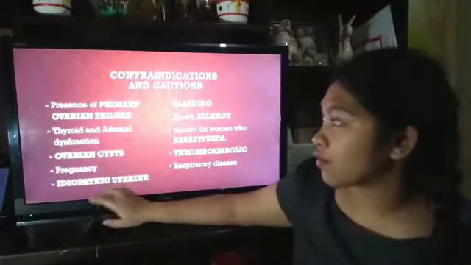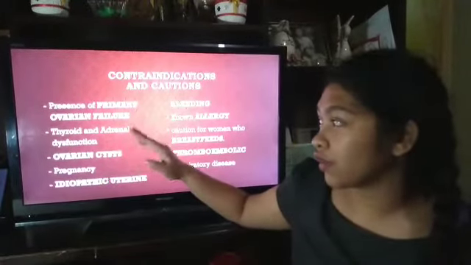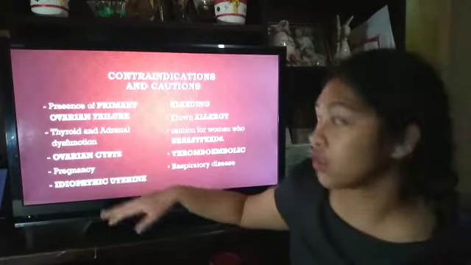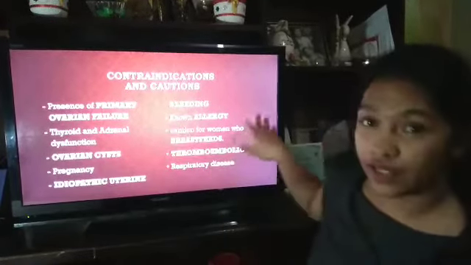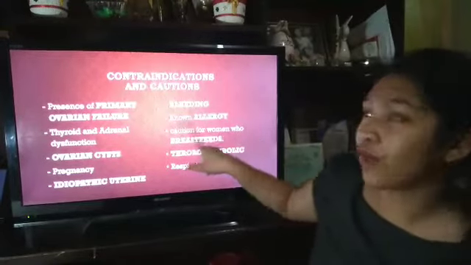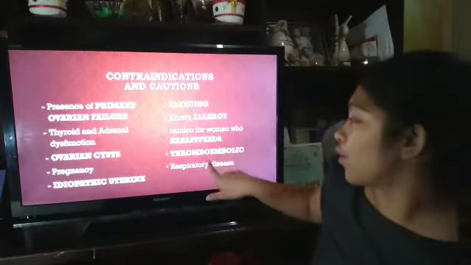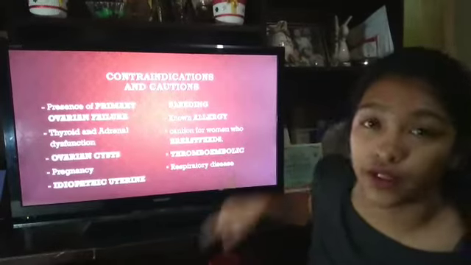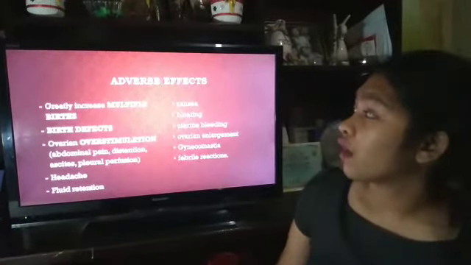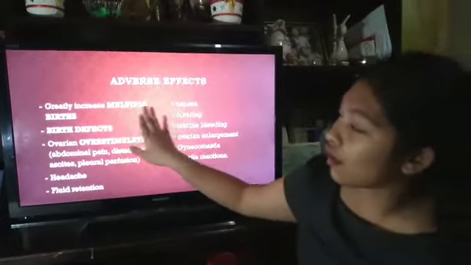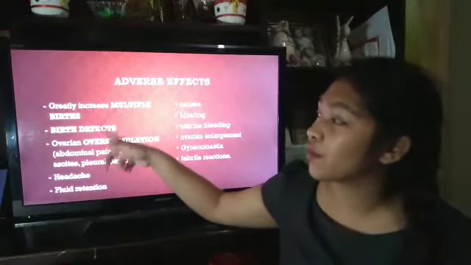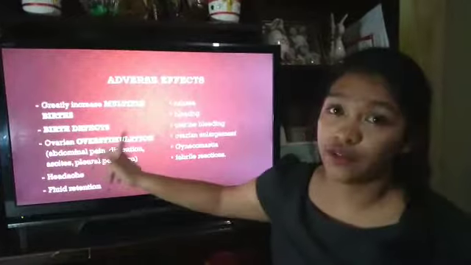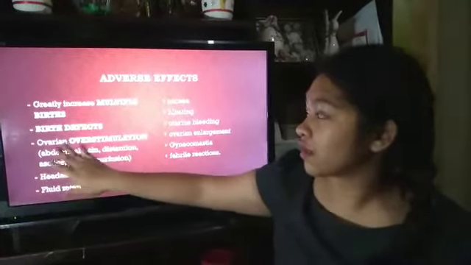Contraindications and cautions: presence of primary ovarian failure, thyroid and adrenal dysfunction, ovarian cysts, pregnancy, idiopathic uterine bleeding, known allergy; of course, caution for women who breastfeed, and thromboembolic and respiratory disease. Other adverse effects: it greatly increases multiple births. Birth defects are also a risk.